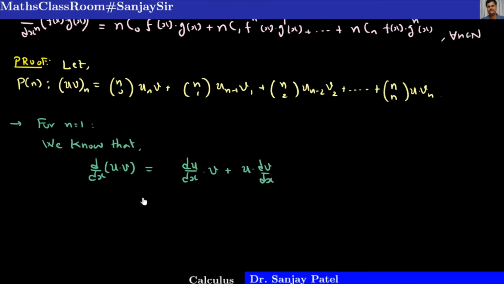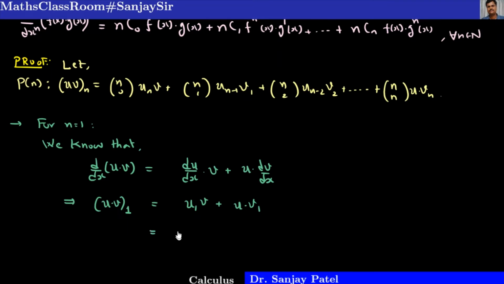Okay, this we can rewrite as (uv)1, because it is the first derivative. This I can write as u1 into v plus u into v1, because u1 means du by dx and v1 means dv by dx.